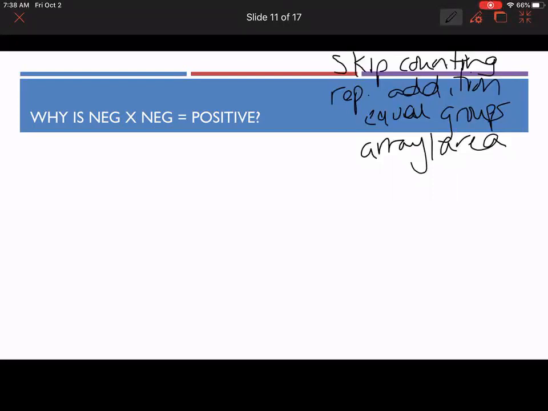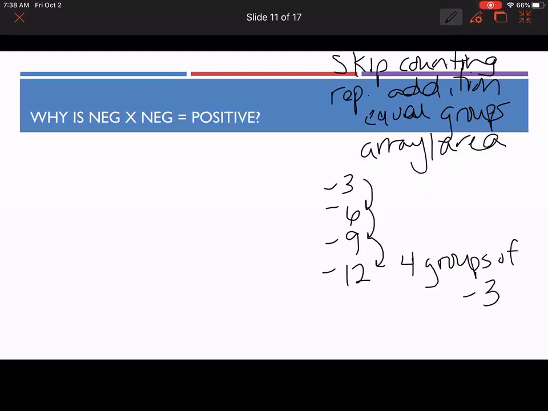That works, but I can't do a negative count, because -3, -6, -9, -12 would still be this idea of 4 groups of -3, or -3 four times. And so we still have a positive for the number of groups. So this is why -3 times +4 would be -12.